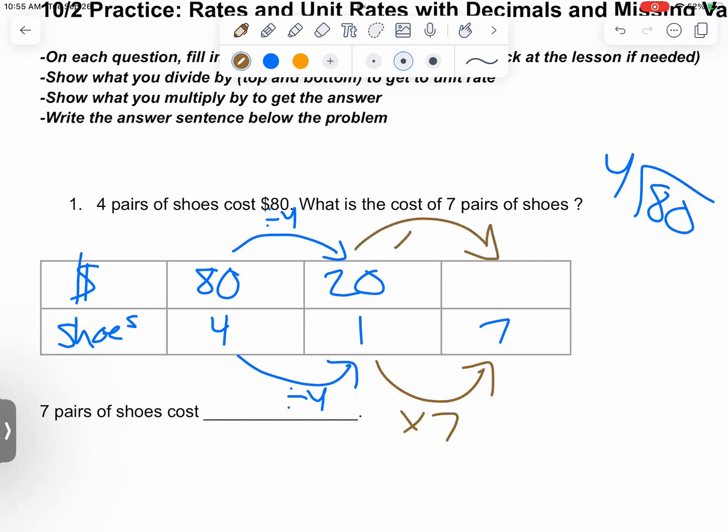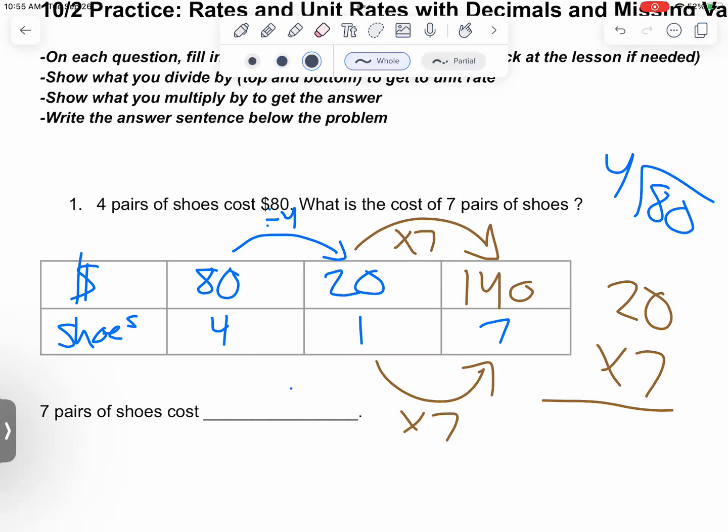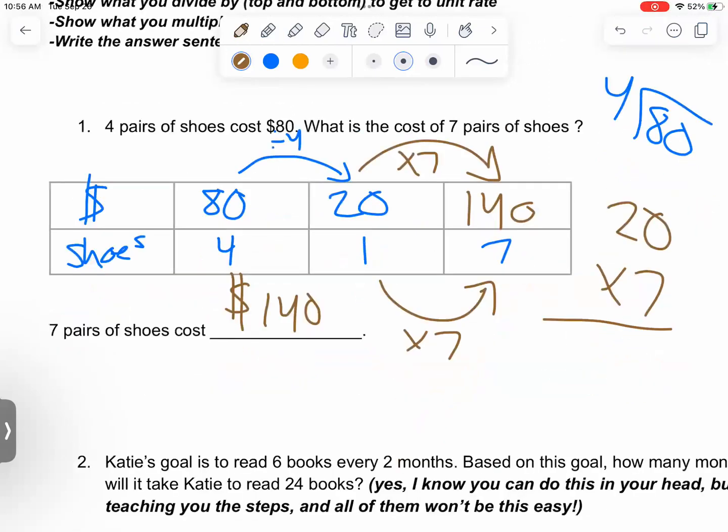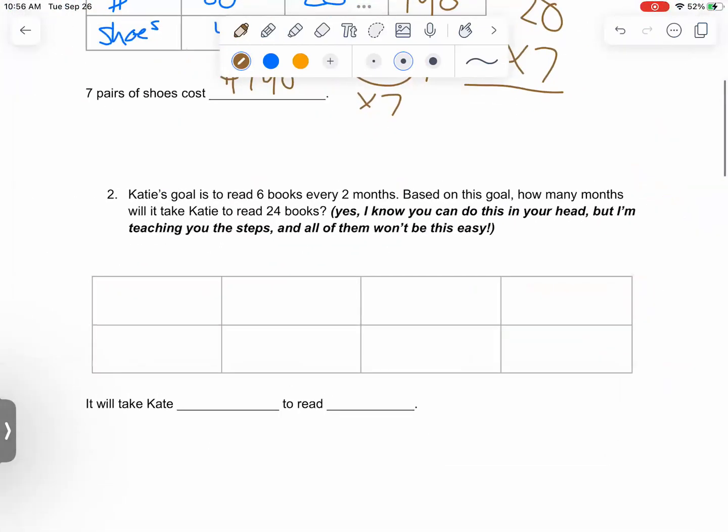Then you do the same on the top. 20 times 7, it's going to give you $140. So our answer is 7 pairs of shoes cost $140.